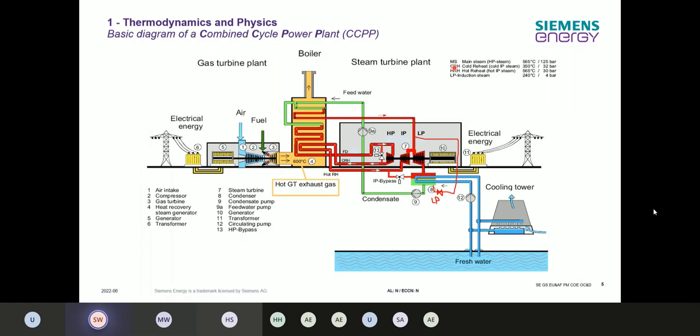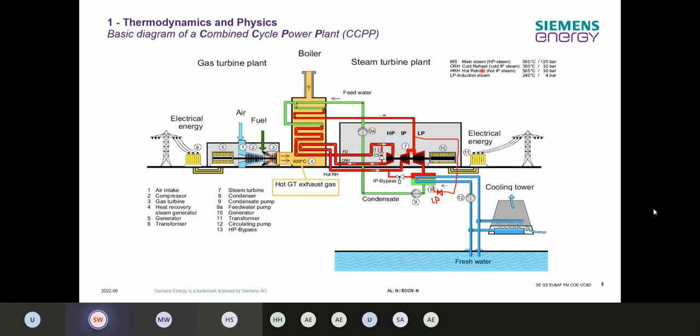Main steam temperatures in this example are, let's say, 565 degrees and 125 bar, and can go up on newer power plants, where we are at 600, 610 degrees and probably 180 bar for combined cycle. The higher you go, the more power you can get at the end out of the steam turbine.